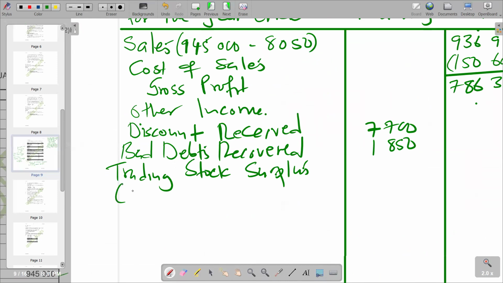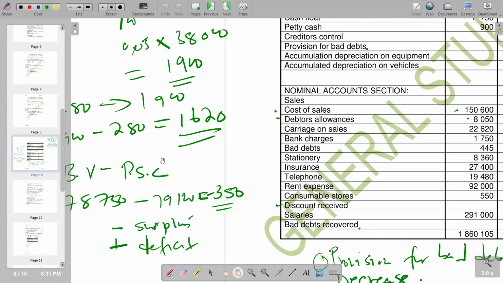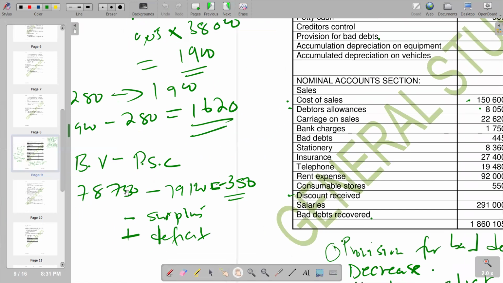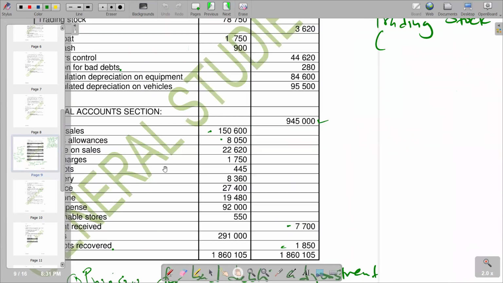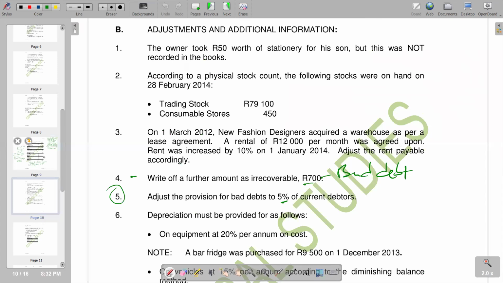We can just show the working, whereby we are saying 78,750 minus 79,100, which is our total figure.